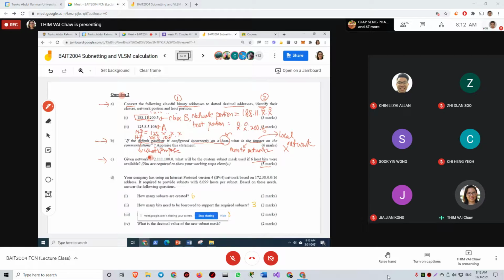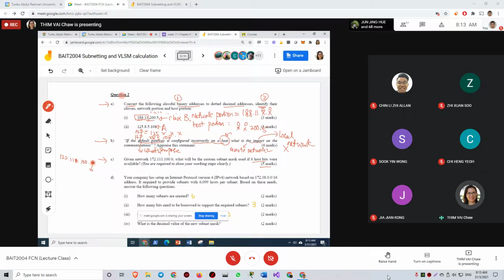So over here I am going to mention 172.111.100.0, and he mentioned your 6 host bits. Let's say if only 6 host bits were available, so I am going to look at the last byte. Remember, we always have a bit from the last byte, which represents a host bit.